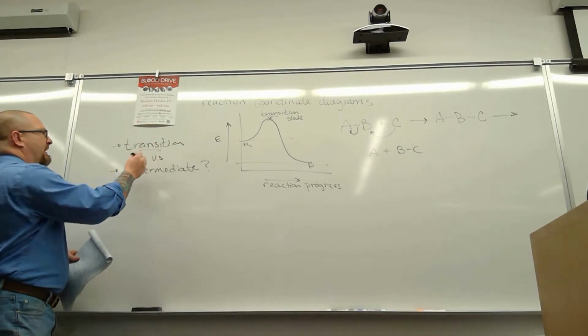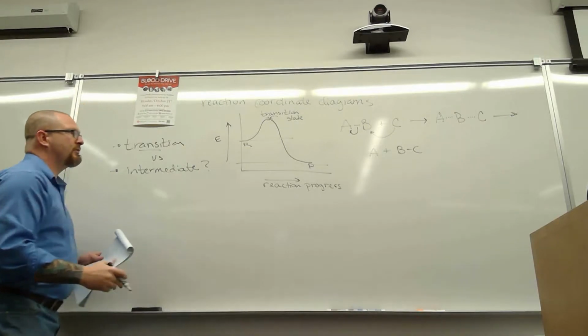So transition states are going to be higher in energy than intermediates, and we're going to do some examples of intermediates.